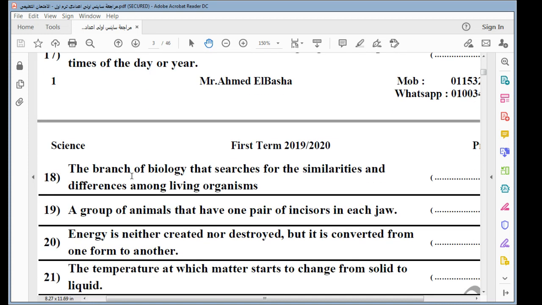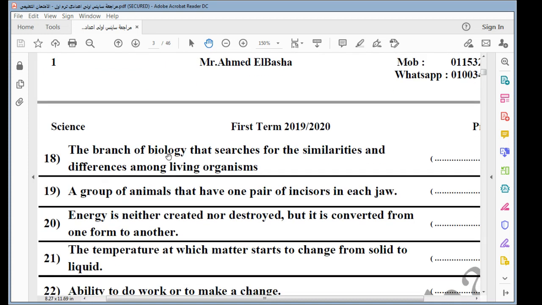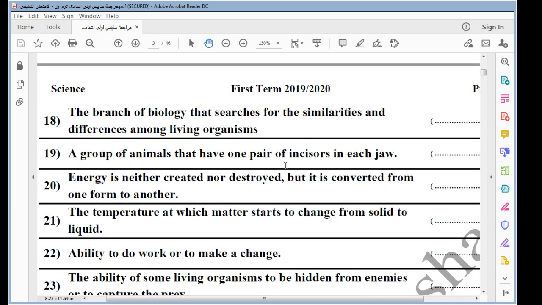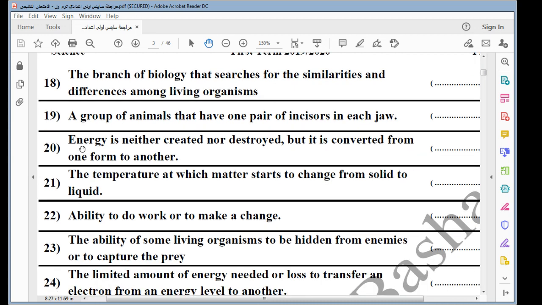Number 18. The branch of biology that searches for the similarities and differences among living organisms. Of course, this is taxonomy. Number 19. A group of animals that have one pair of incisors in each jaw.